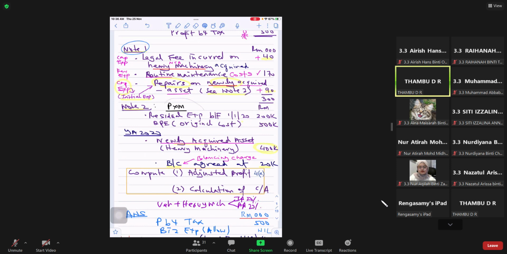Okay, what is the capital allowances for plant and machinery? Plant and machinery, if you look in the table, heavy machinery and vehicle. Vehicle, car, lorry, bus, tractor, 20 and 20. Office, furniture, fixture, fitting, including photostat machine, 20 and 10.